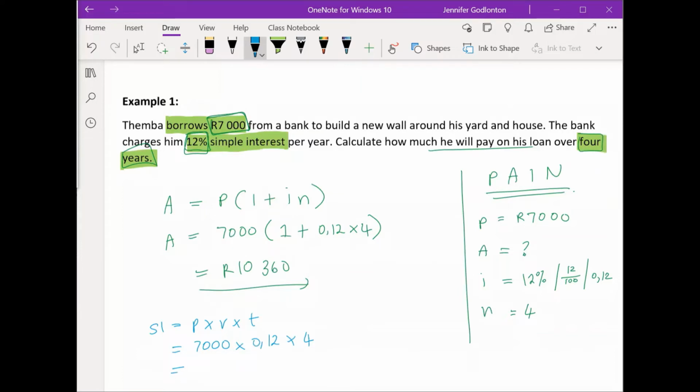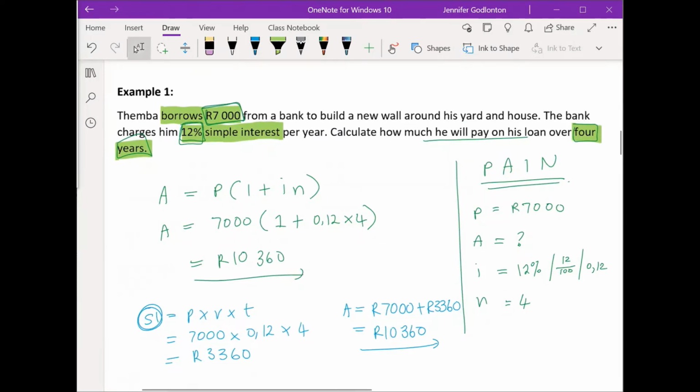And we should get 3,360. That is the simple interest that we would have added. Then our A is our original amount, so 7,000 plus 3,360, which gives us 10,360.